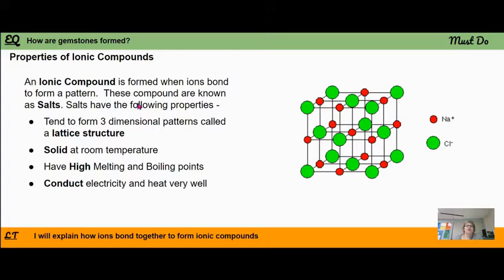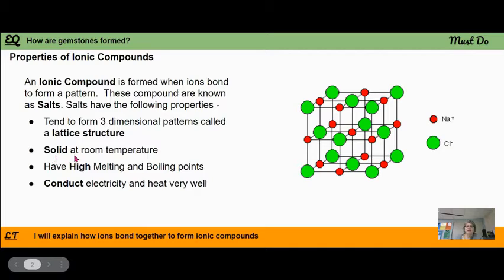Ionic compounds are really known as salts. Those salts tend to be three-dimensional, very cubic-like, lattice structures. You can see a lattice being formed here, a crystalline type structure.